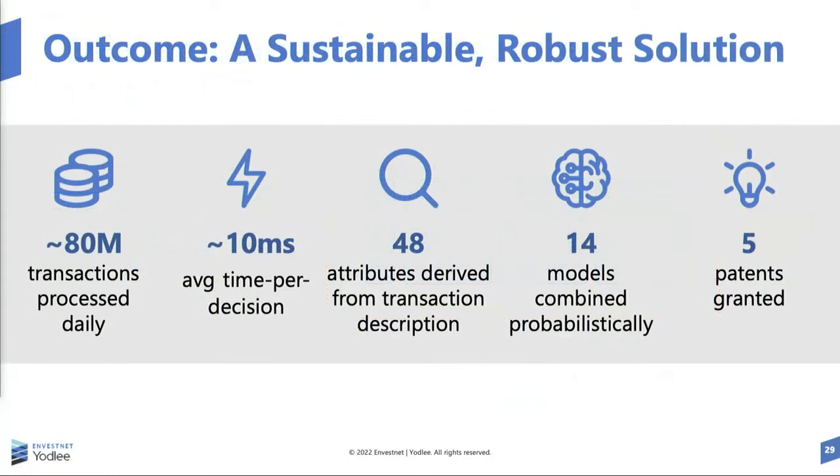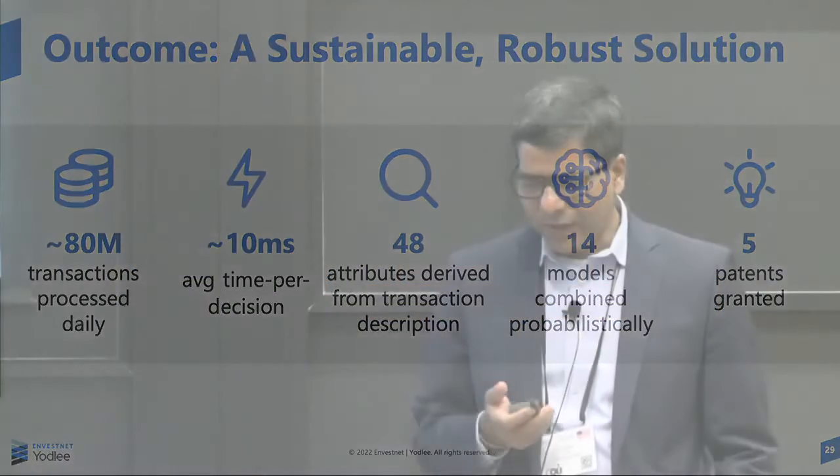What is the outcome of doing all of that? Over a time period, we have evolved through our journey. Today we process around 80 million transactions every day, right? And you have to have sub-second response times for these. A lot of these, as I said, are happening in real time.